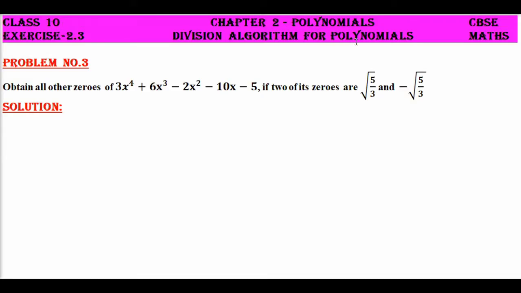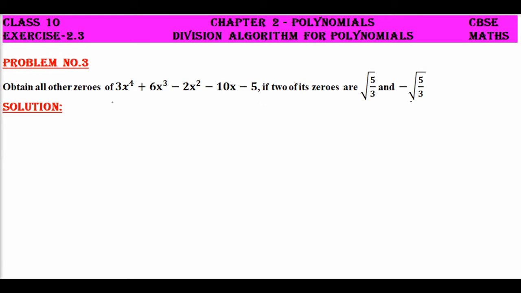Class 10 CBSE Maths Chapter 2 Polynomials, Exercise 2.3, Problem number 3. Obtain all the zeros of 3x^4 + 6x^3 - 2x^2 - 10x - 5, if two of its zeros are root 5 by 3 and minus root 5 by 3.